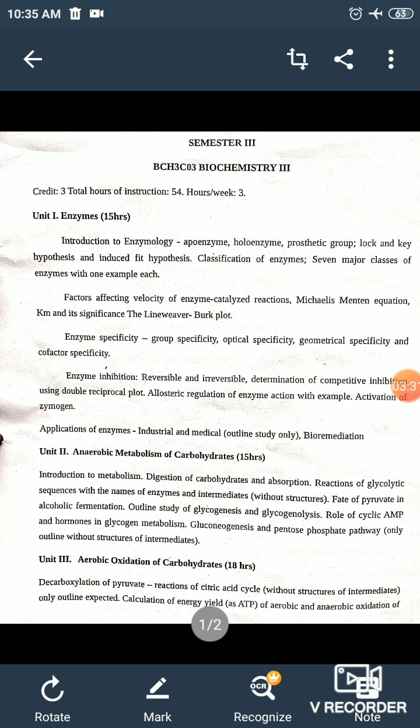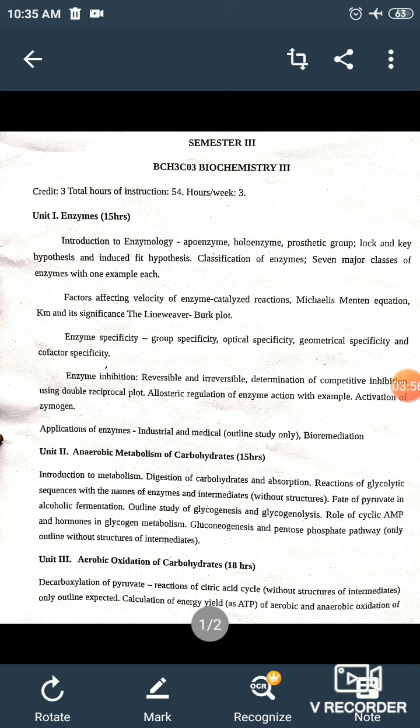So that is the only thing which we have to cover in the enzymes, which is a very huge topic. So after studying the enzymes and their characteristics, we have to move to the metabolic aspects.